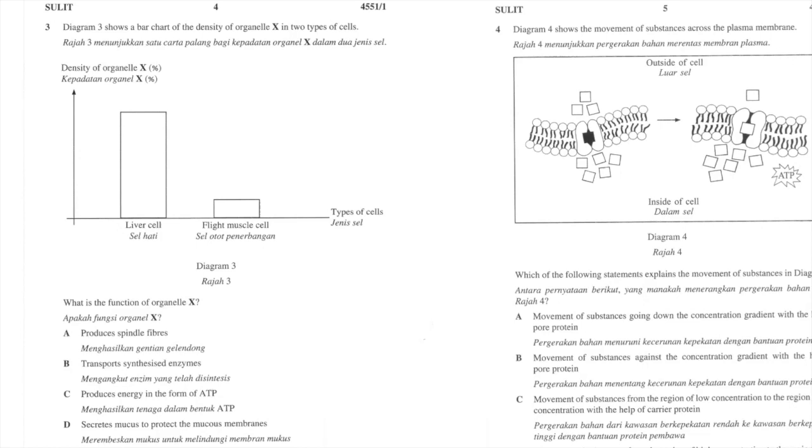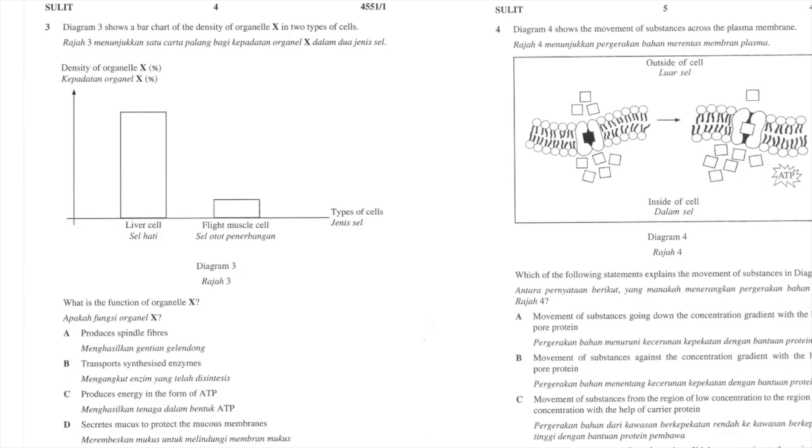The first one is to produce bile, hempedu. The next one is to detoxify any toxins, usually from alcohol, drugs, excessive chemicals, and so on.